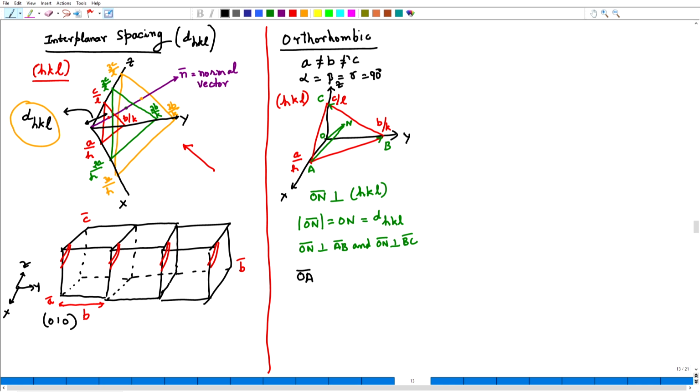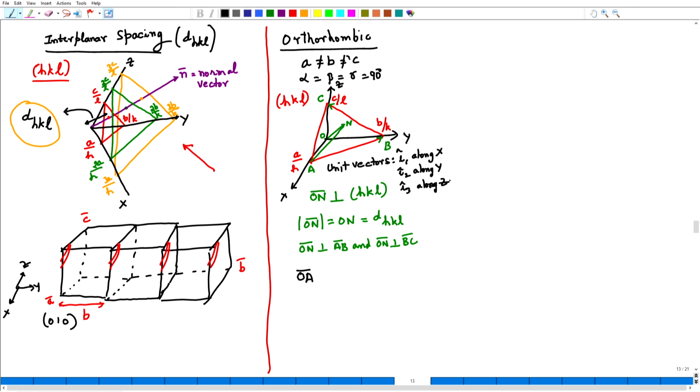Now, the vector OA is along the x axis, and let me also define three unit vectors along the axes x, y and z. These unit vectors are I1 along x, I2 along y, I3 unit vector along z.